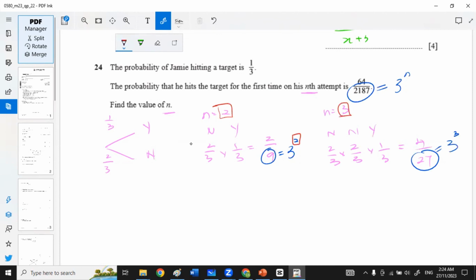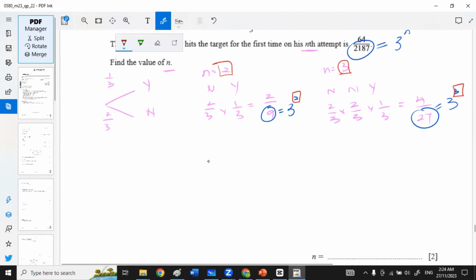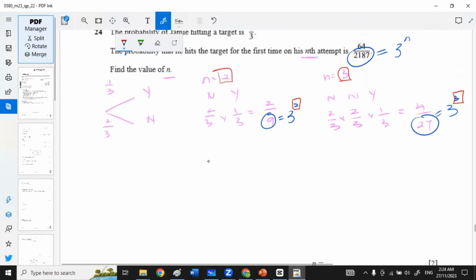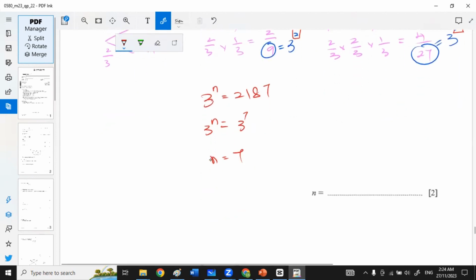If n is 3, then this is 3. So if n is n, then this should be the answer. So you can solve here: 3 to the power of n equal to 2187. So 2187 is equal to 3 to the power of 7. Check with your calculator. Therefore, your n is equal to 7.